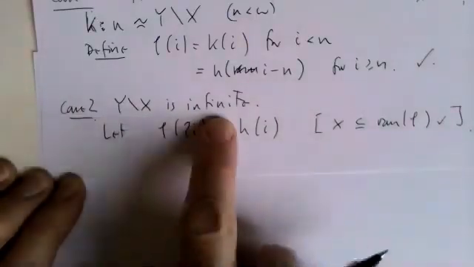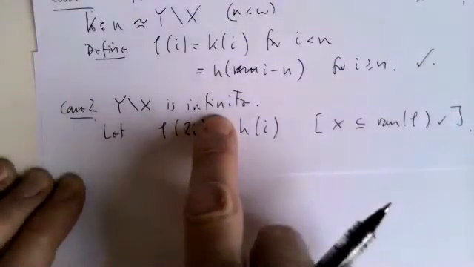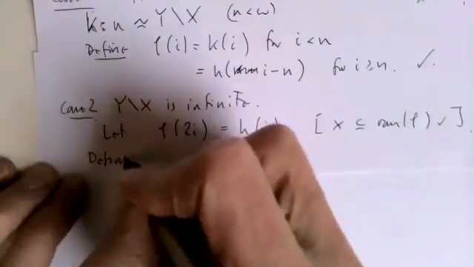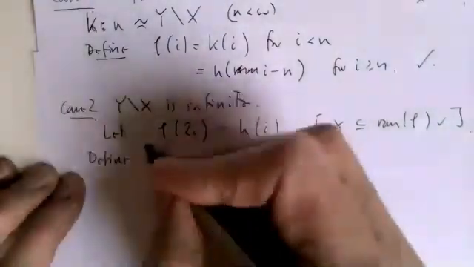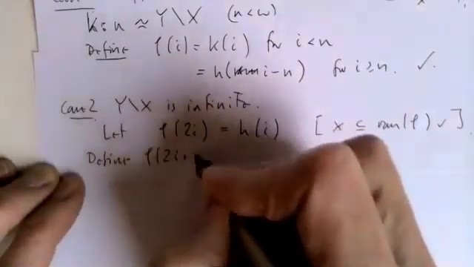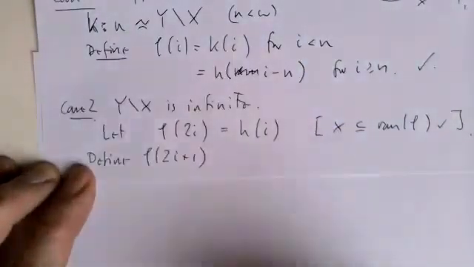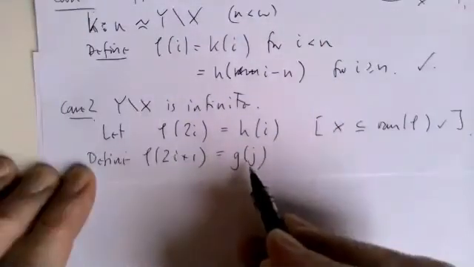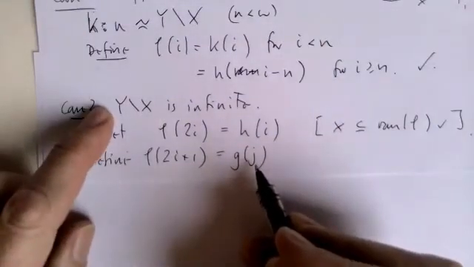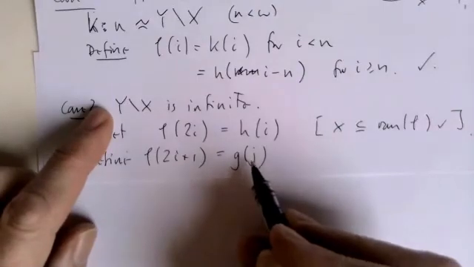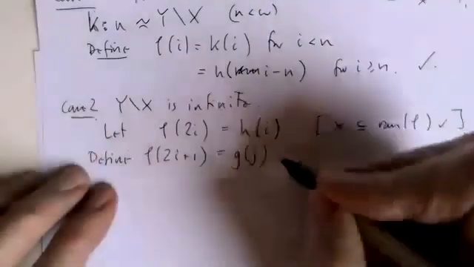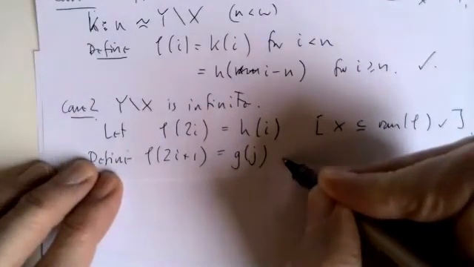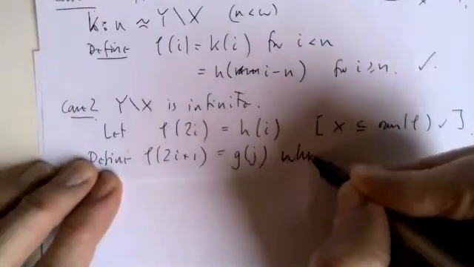So Y minus X is infinite. We just write a specification down. L on one of the odds here, I'll just let this be the jth member of Y as enumerated by G here. And what is J?